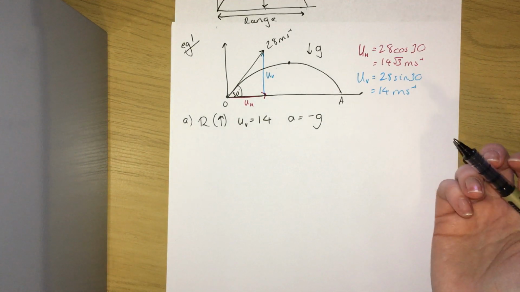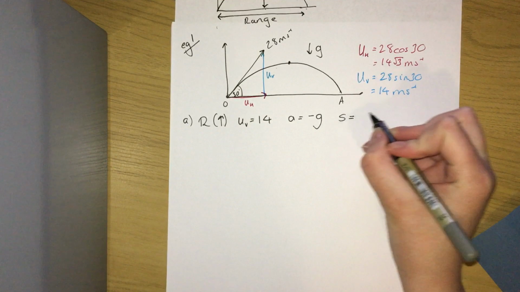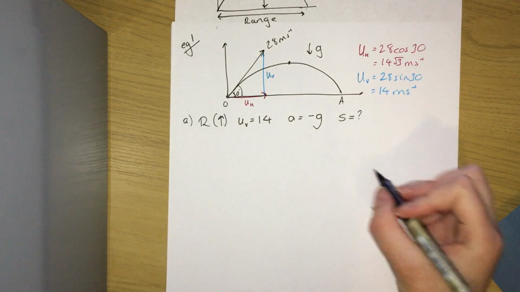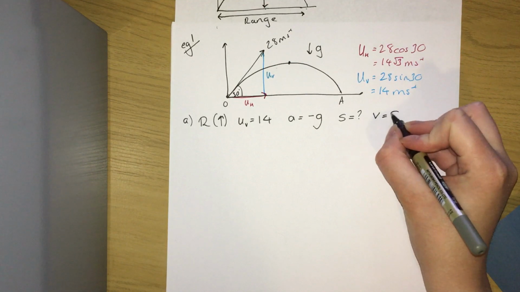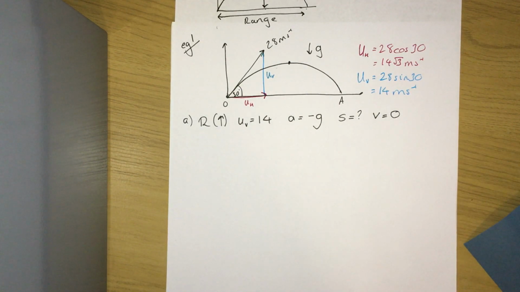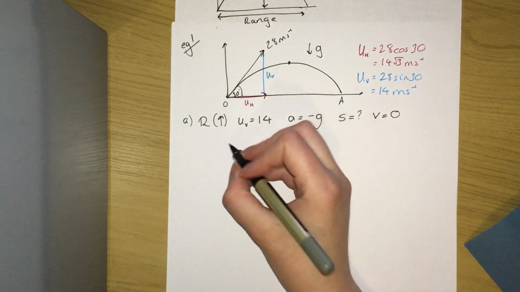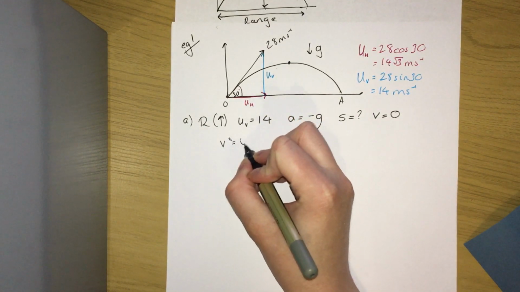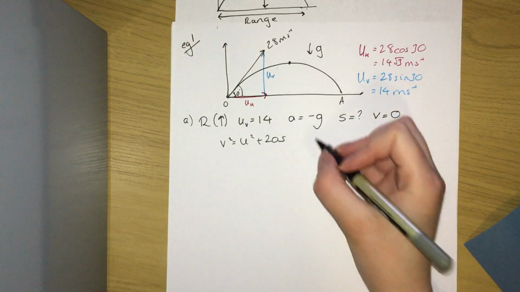So what other information do I know? What do I need to find? So I need to find displacement. So that's what I'm working out. I know at this point the final velocity is 0 because it's about to change direction. So S, A, U and V means I'm going to use V squared equals U squared plus 2AS.